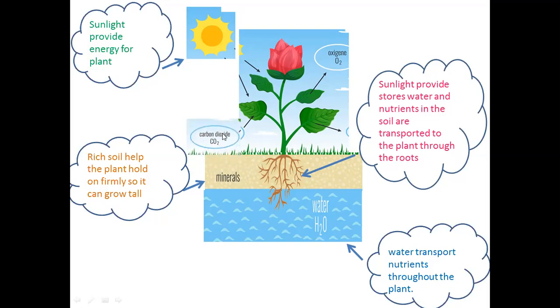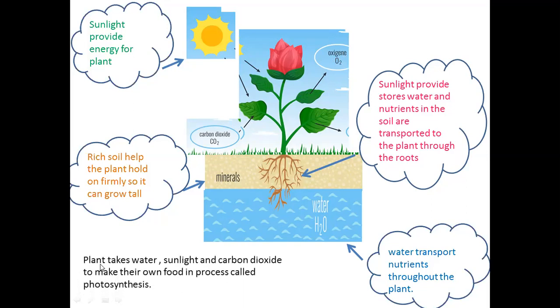Now, they are taking in carbon dioxide and taking out oxygen. Look here, take in carbon dioxide and take out oxygen. Now, plants take water, sunlight, and carbon dioxide to make their own food.